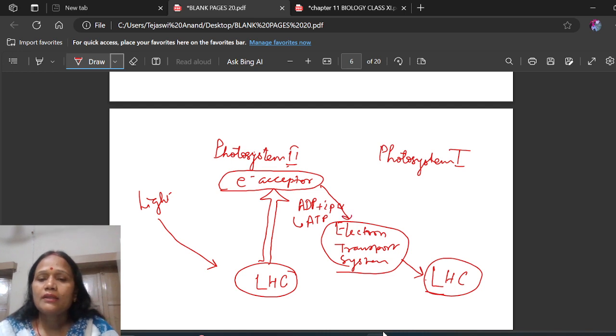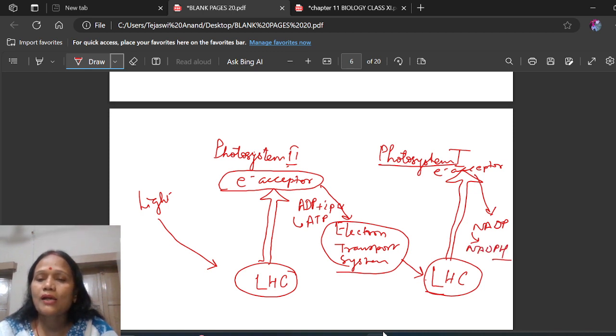Okay. This LHC again transfers it to photosystem 1, PS1, and here also the electron acceptor accepts it, and again there is a downward reaction during which NADP is reduced to NADPH.